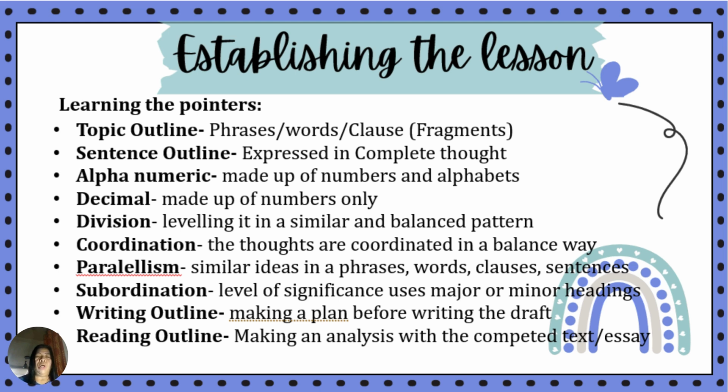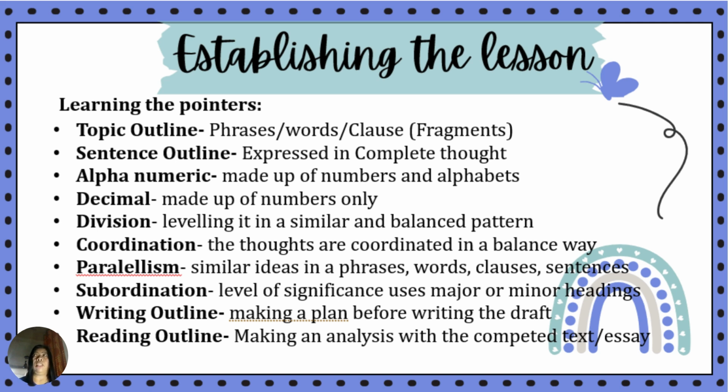On the other hand, we have another type of outline, and that is the sentence outline. From the word itself, sentence, all the items provided for the outline are expressed in sentences. And then we also have alphanumeric, a format in outline that you can use to identify details labeled as main idea, subheading or subtopic, major details, minor details, and lesser details.